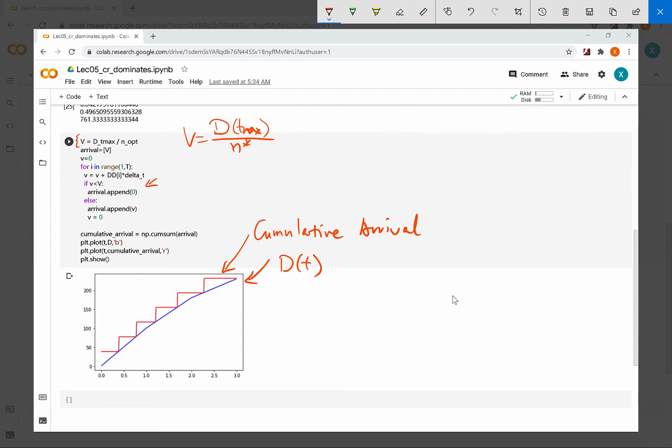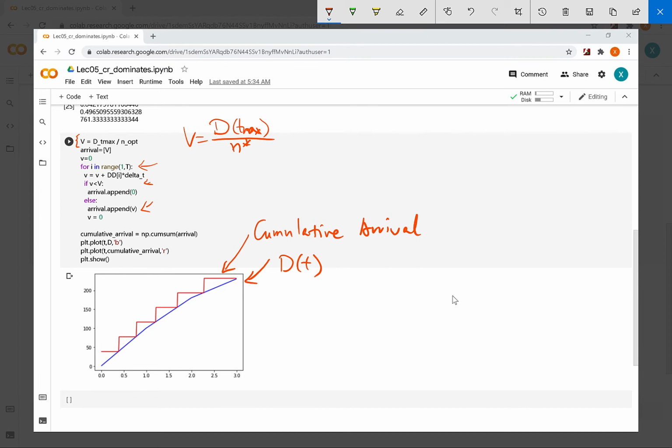When the cumulative demand reaches the load, as time goes, we calculate the cumulative demand within this time range. So if the demand is smaller than the load, we accumulate the demand. Once it reaches the load V, we dispatch this vehicle, and then the cumulative load is cleared to 0.